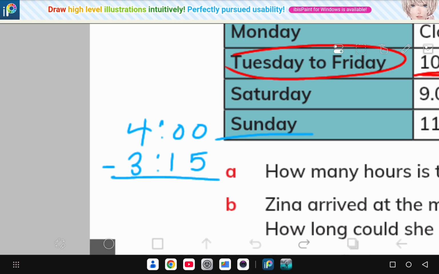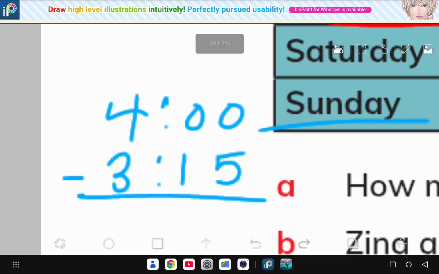Can we focus on this a little bit? Because in here, 0 minus 5, I can't do it. And I can't take from the 0. So I'm going to take from 4. Knock, knock, knock. Hey, 4, can I take 1? It will say yes. 4 will be 3. And the 0 will be 10. No, wrong. The 0 won't be 10, because how many minutes do I have in an hour? 60.